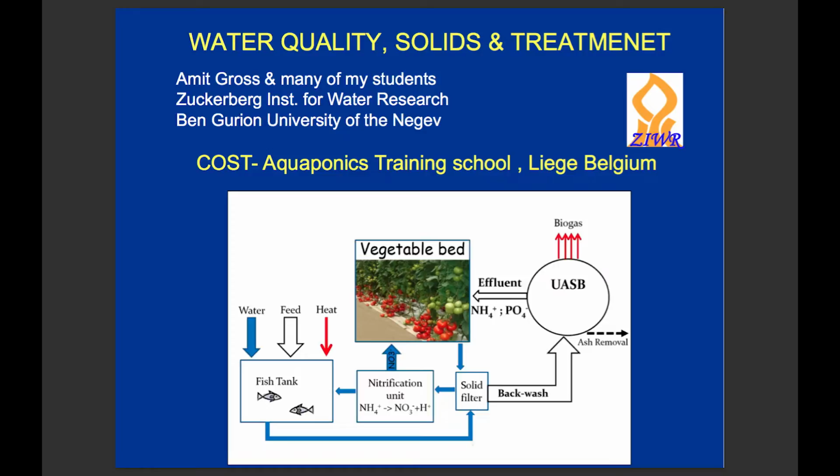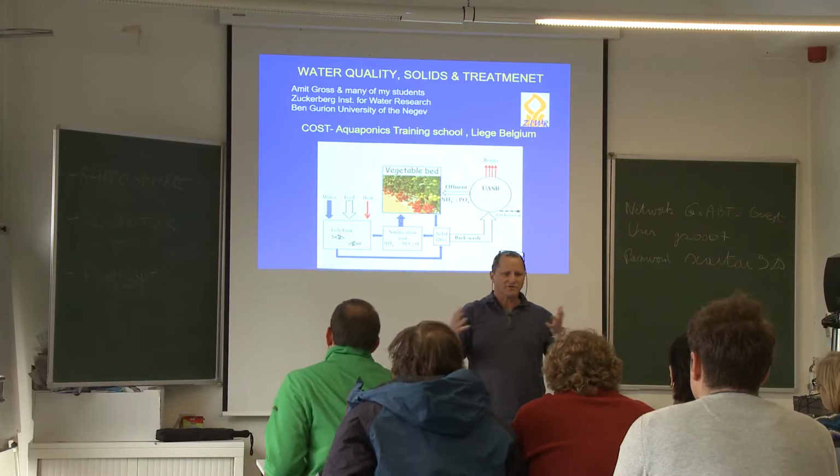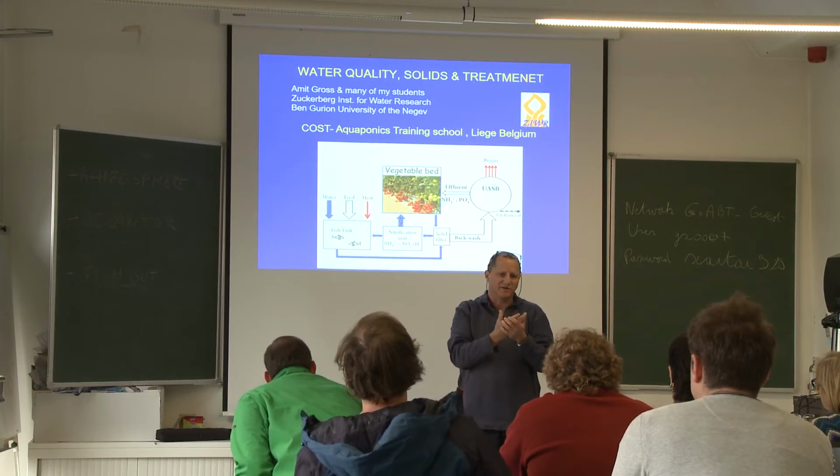But before we start and talk about treatment principles, we need to put a baseline on the water quality. And all of this obviously has to be within the constraints that it has to fit the fish and it has to fit the plants, right? Because we cannot do anything we want, so the water quality has to meet certain standards.